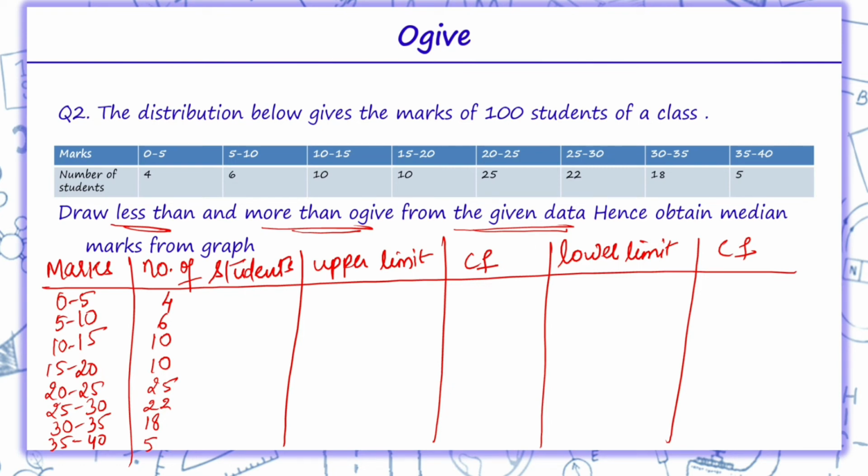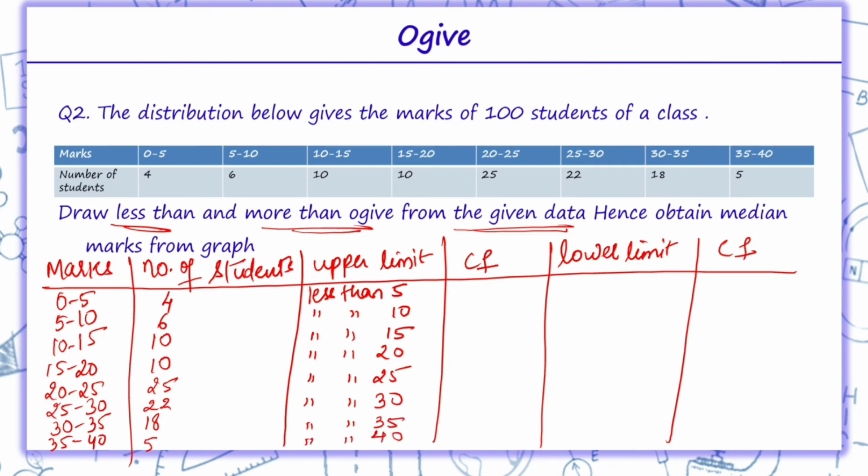So when we have to draw the curve for less than ogive, we will write over here the upper limit is 5. So we will write like this, less than 5, then it will be less than 10, less than 15, less than 20, less than 25, less than 30, less than 35, less than 40.